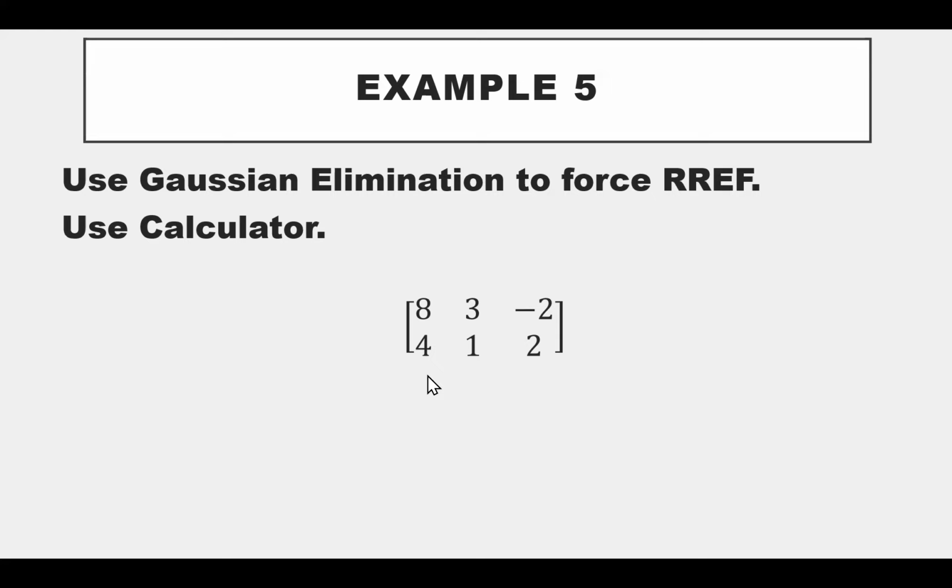On other calculators, you can do that as well, but the TI-84 calculator, we'll see how to do that in an additional video. I'll have a really short video on how to force row-reduced echelon form with the TI-84 calculator. So let's go ahead and do that. Let's use Gaussian elimination to force row-reduced echelon form, and we'll be using the calculator in this case.